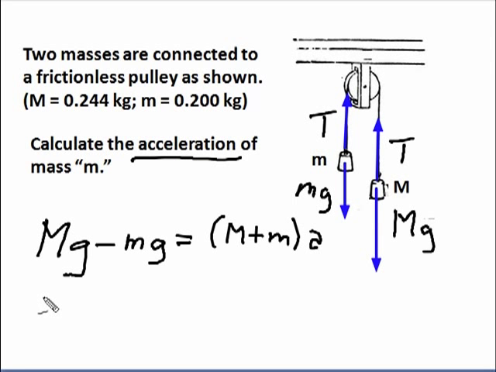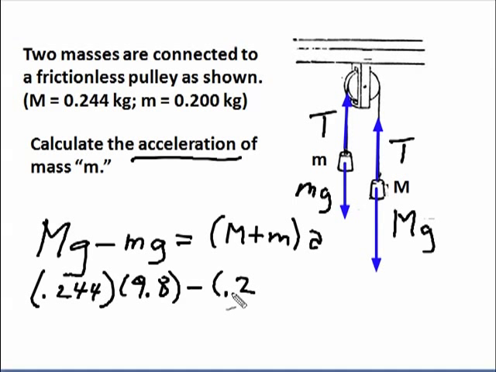Now we just put in the numbers. Capital M is 0.244, and g, of course, is 9.8. And, of course, once you've done this, you'll take your calculator out and work this out carefully. Little m is 0.2, and again, g is 9.8. And the total mass is the sum of the two, and it will be 0.444.